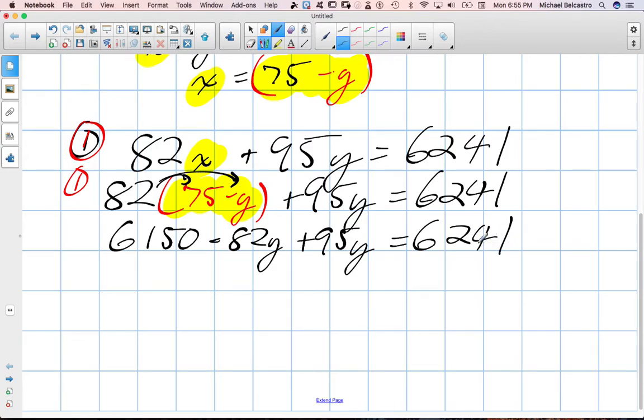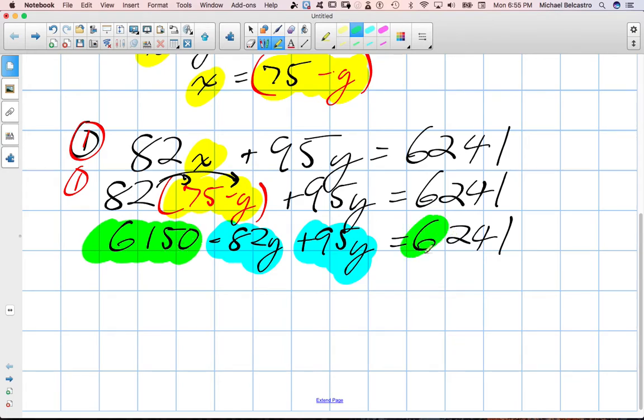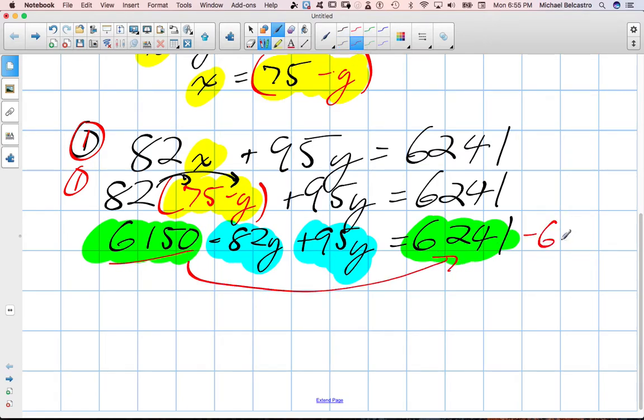6,241. Now we're going to collect like terms. Remember, we have two terms that incorporate the y variable, and we have two constants. So I'm going to put the variables all on one side and the constants on the other. Very quickly, I'm going to move this rather large constant to the other side, so we subtract 6,150.